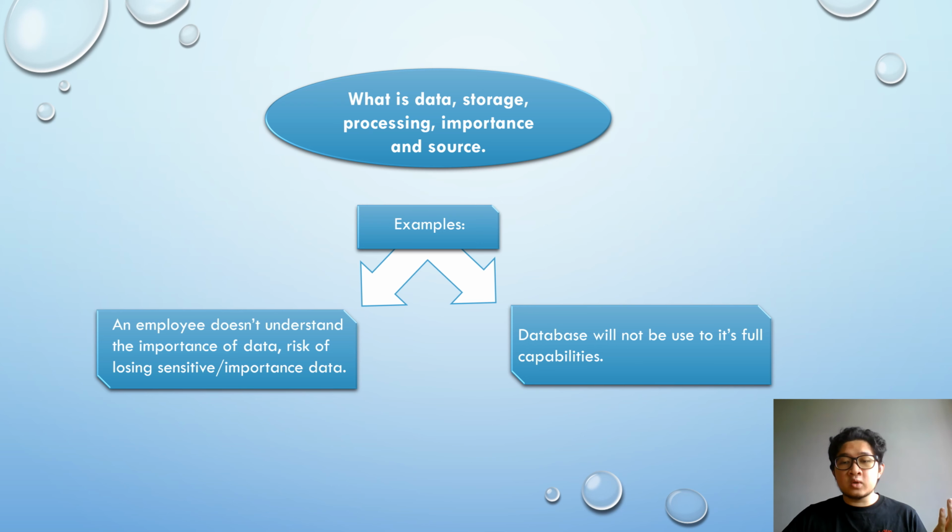For example, if an employee doesn't understand the importance of data, the risk of losing sensitive or important data will be very high. The chance will be very high.